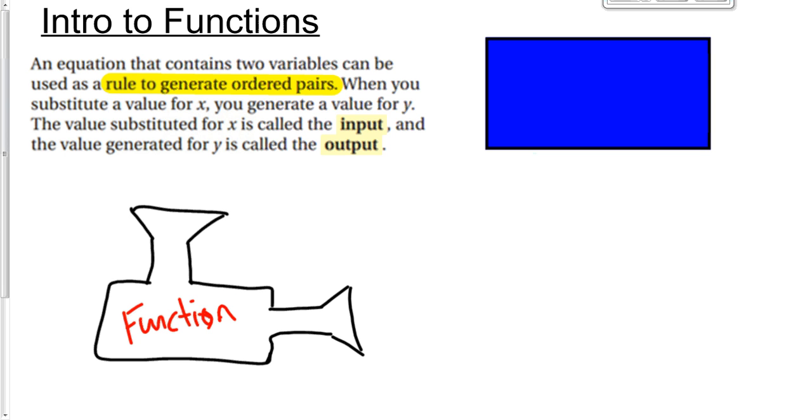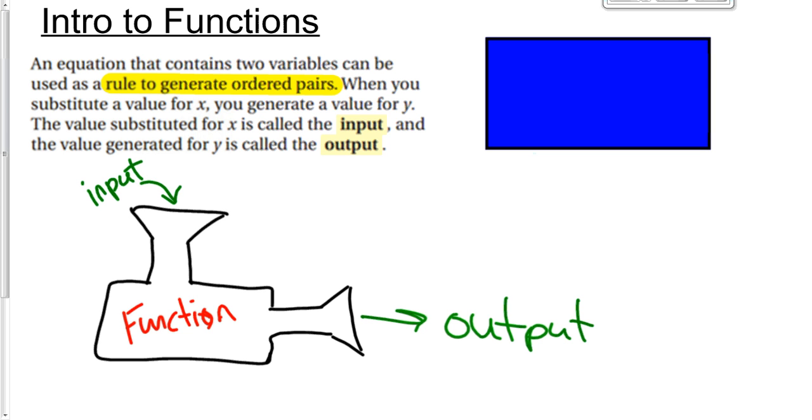And then you can put something into it, so we call this an input, and then it spits out some sort of output. So that's probably how you've seen it before, and we can actually talk about it like that.